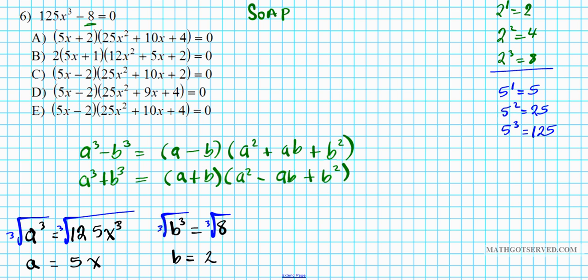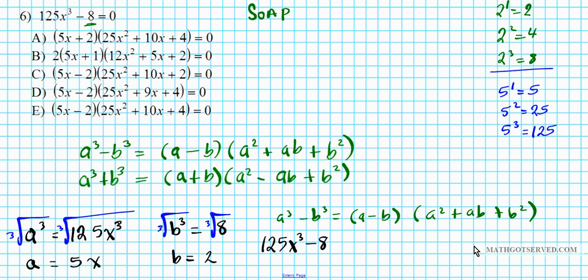All right, so let's rewrite the problem. We have 125x to the third minus 8. Now, the formula that we're using is, let's put it on top, a cubed minus b cubed equals a minus b times a squared plus ab plus b squared.